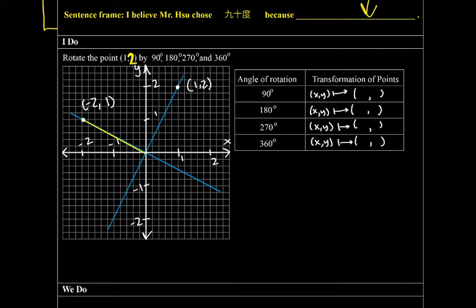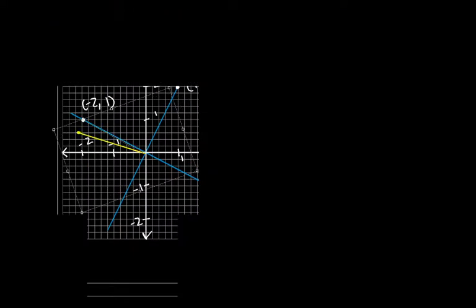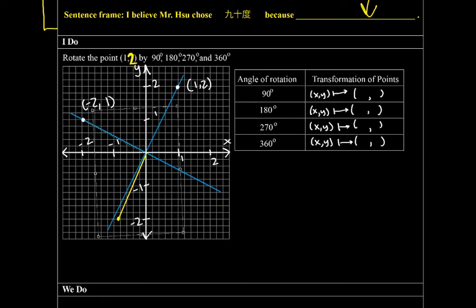Alright, let's rotate it again, see what we get. So it should be here. So that's going to be, let's see, -1, -2. So now both are negative.